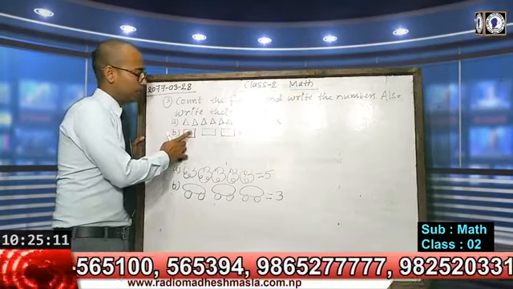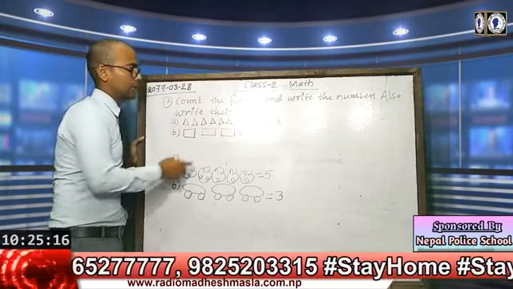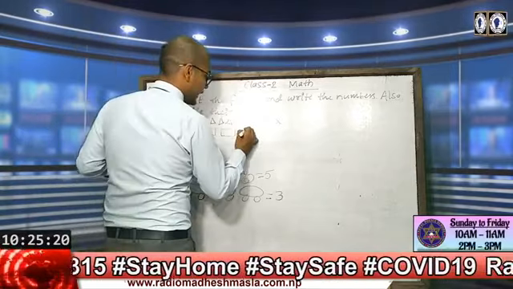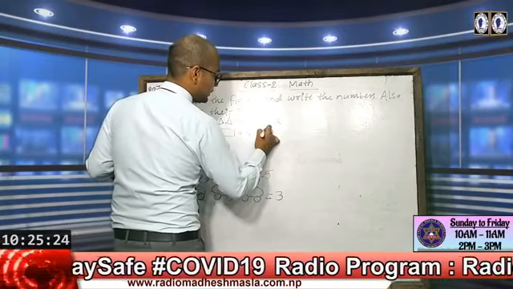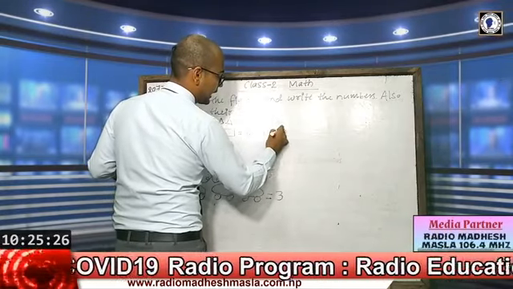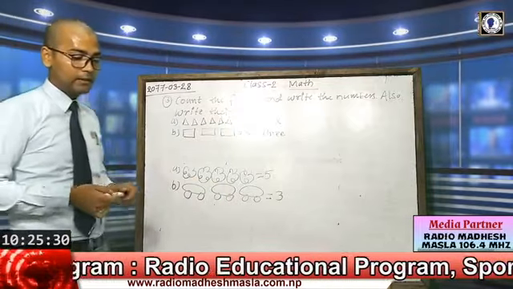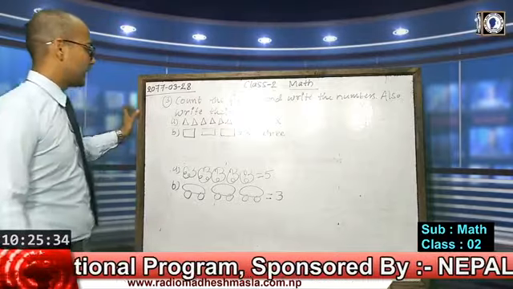So there is 1, 2, 3. Altogether there are 3 rectangles. So write the number, and then write their names also. There are 3, so we should write THREE, 3. So in this way, students, you can write the numbers and their names of the given figures.